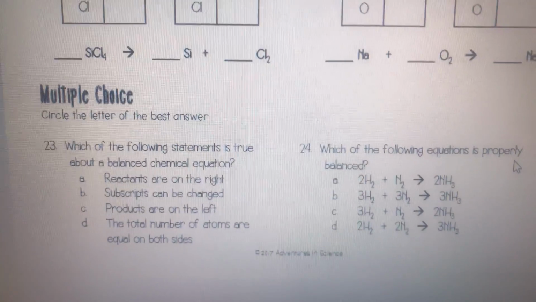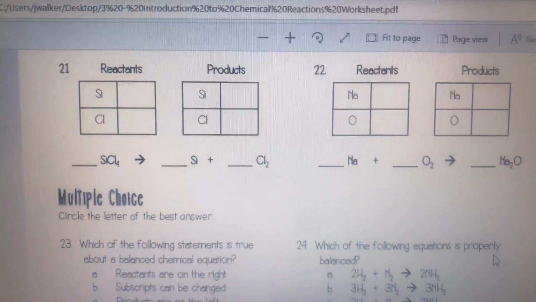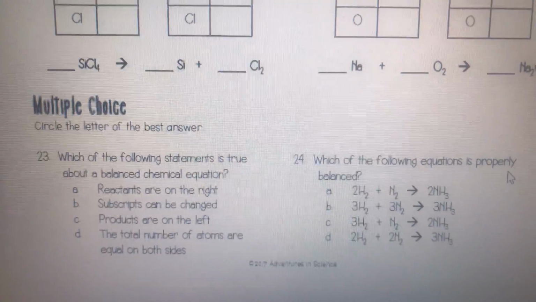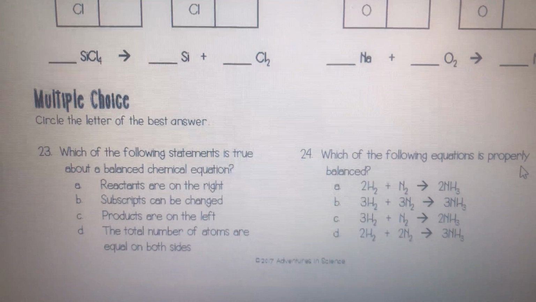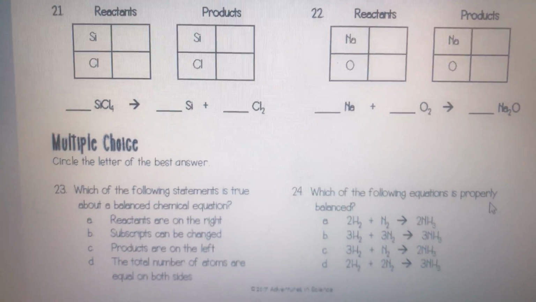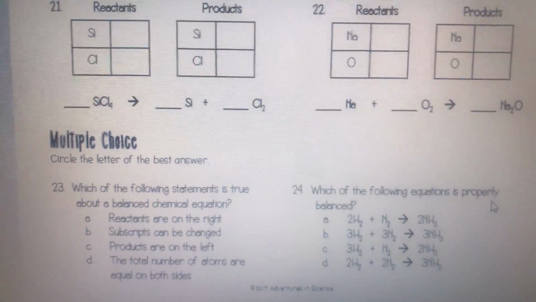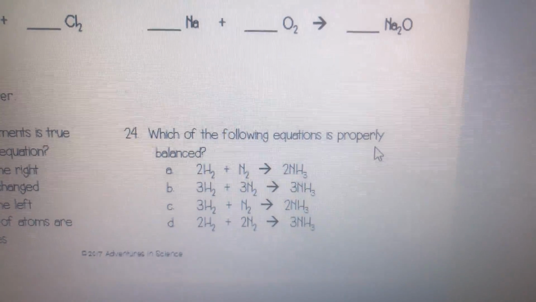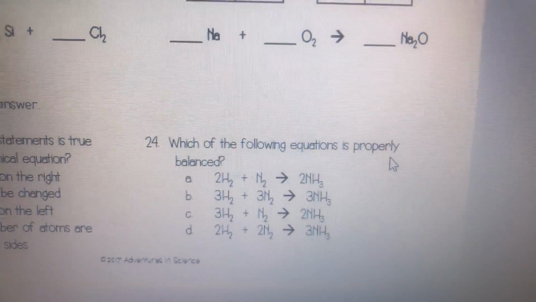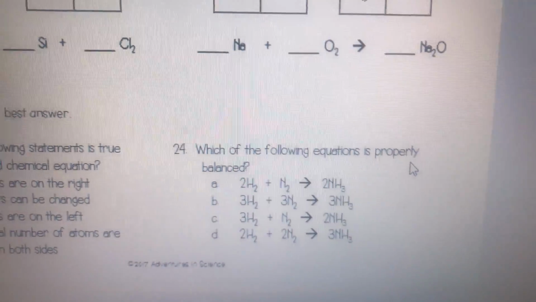No, they can't. Products are on the left? Nope, products are on the right. The total number of atoms are equal on both sides? Yep, got to have the same. We can't create nor destroy mass. And then over here at 29, which of the following equations is properly balanced? I'll let you work that one through.